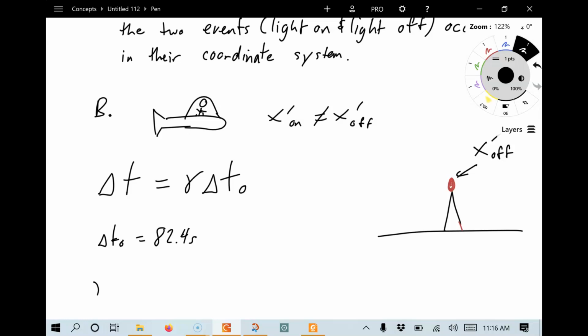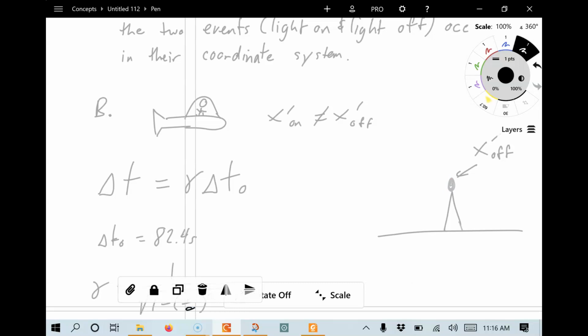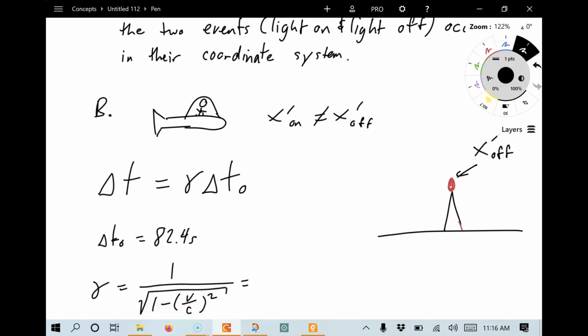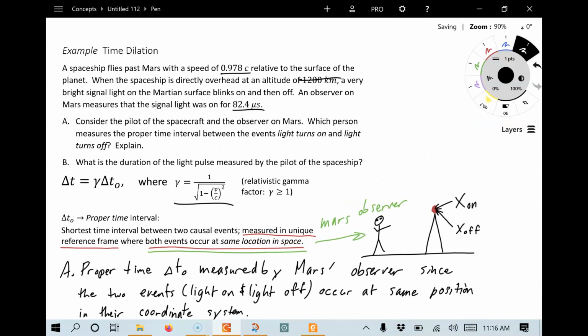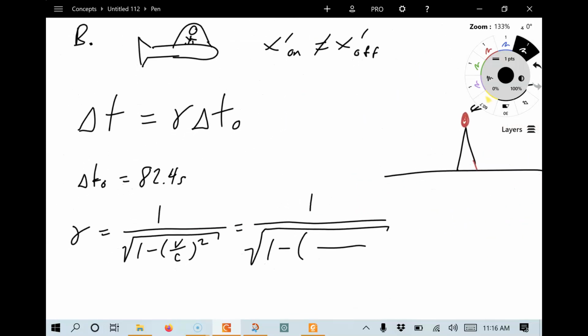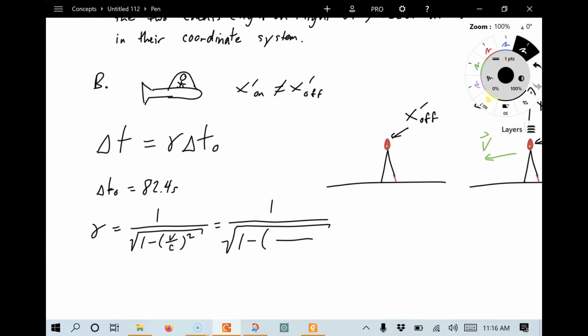And now to calculate the gamma factor, that's 1 divided by the square root of 1 minus (v over c) squared. A lot of times, they'll give you the speed as a fraction of the speed of light, which they've done here. It says it is 0.978 c, which is nice because now we can say 0.978 c divided by c, whole quantity squared.